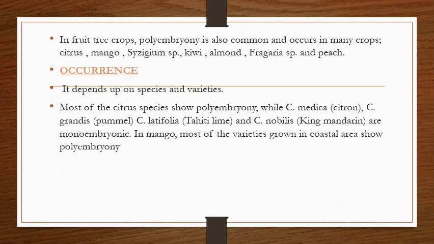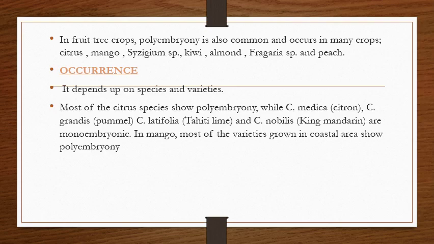In fruit tree crops, polyembryony is also common and occurs in many crops. In citrus, mango, Syzygium species, kiwi, almond, Fragaria species and peach, the process of polyembryony is present. The occurrence of polyembryony depends on species and varieties.